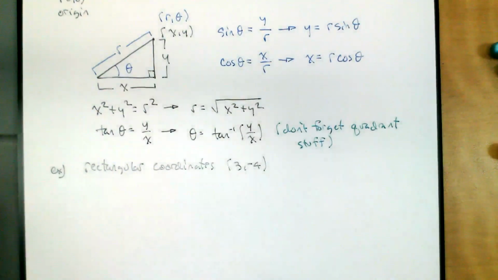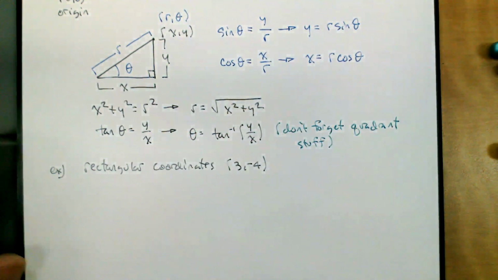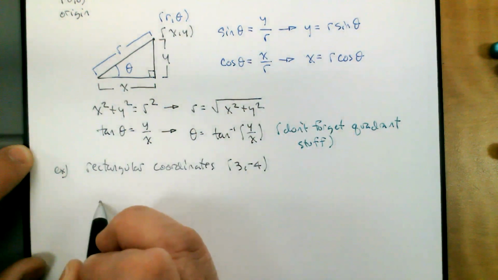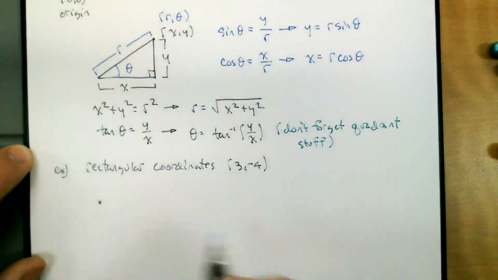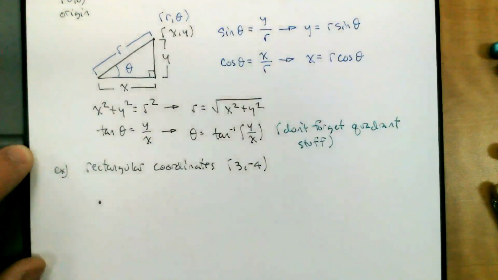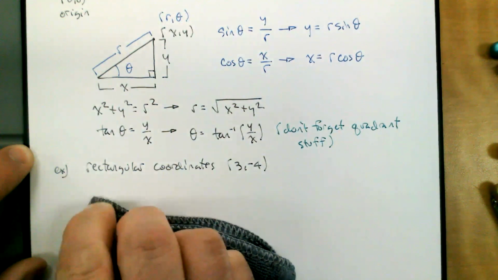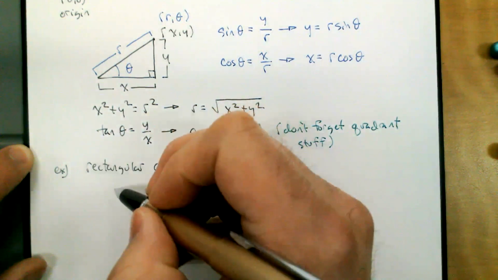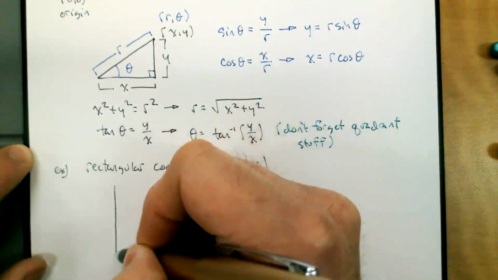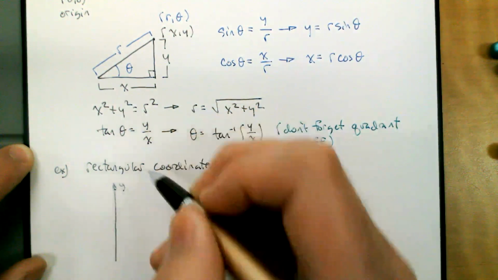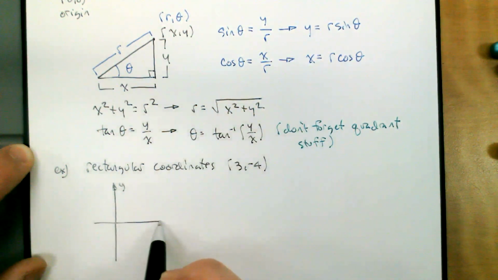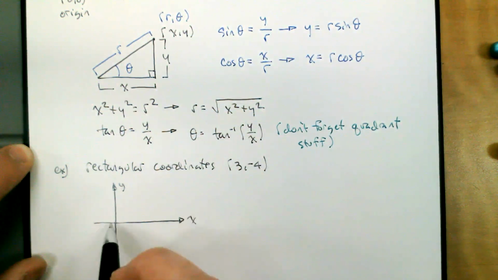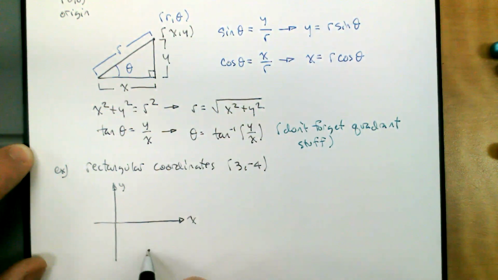Let's suppose we have a point with rectangular coordinates of (3, -4).